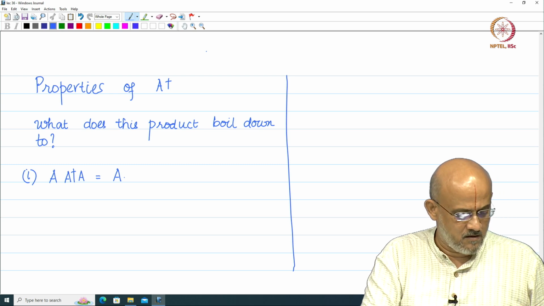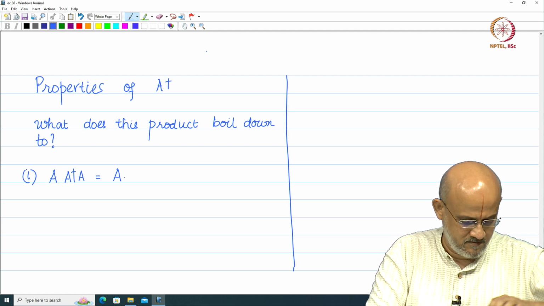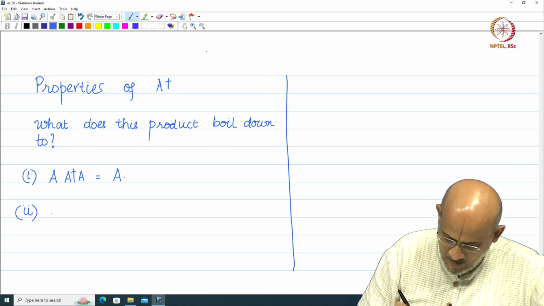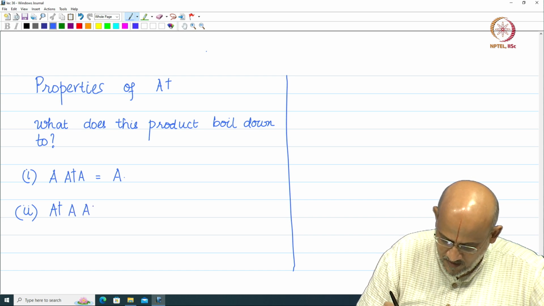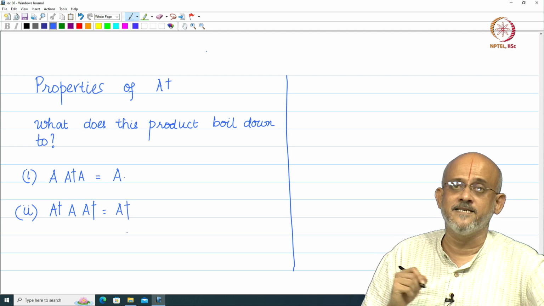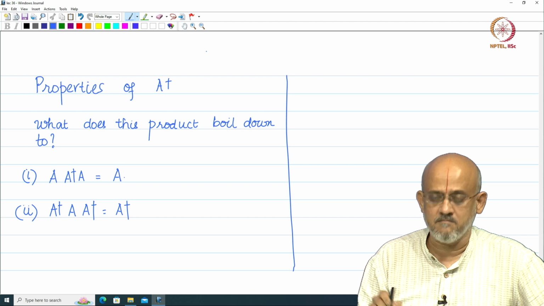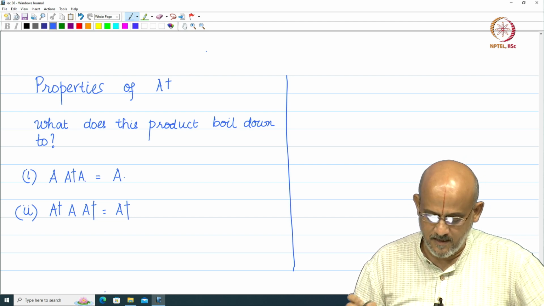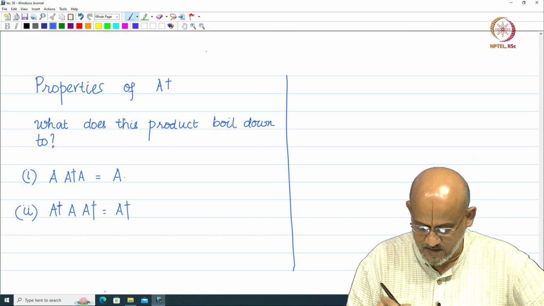Now, the second property is A dagger into A dagger is the pseudo inverse itself. These two are very important properties that you have, that is A into A dagger into A and then A dagger into A dagger. What does this product boil down to?